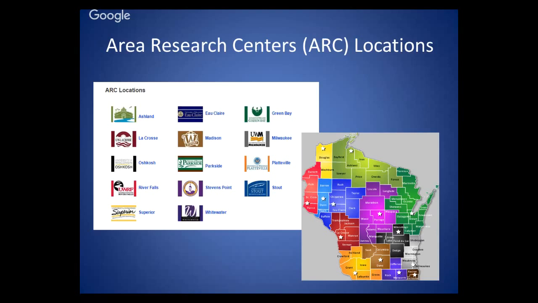Area Research Centers are located all across the state. You can likely find your county highlighted in one of these regions below. At these area research centers, several of which are UW locations and otherwise, we can get primary documents or artifacts from any location to another.